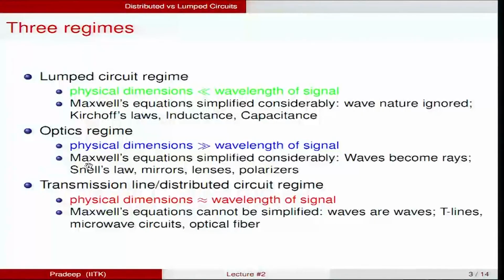That gives a wavelength of around 3000 meters, 3 kilometers. Compared to that, the size of a transistor is so small that you can completely neglect its dimensions. This is the lumped circuit regime.